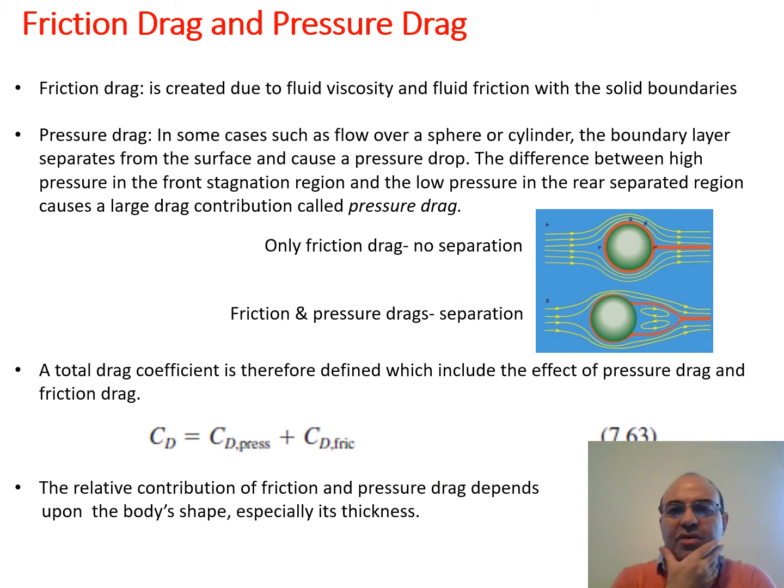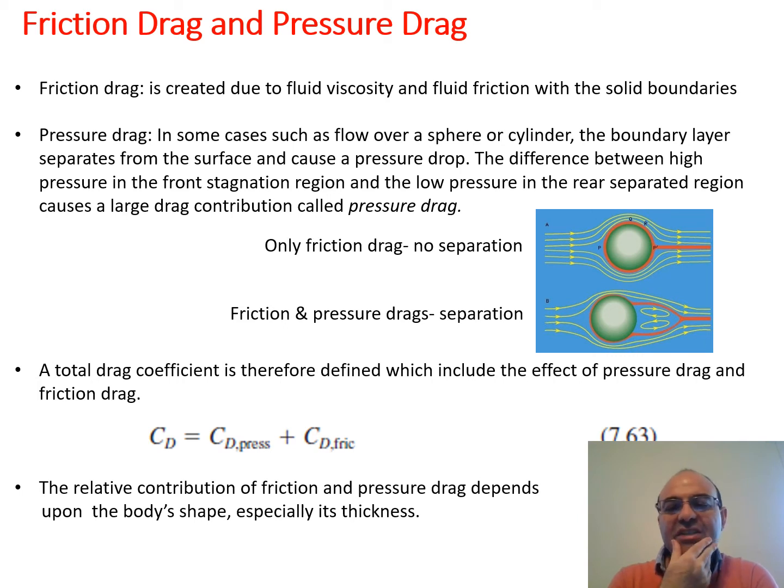Here we are going to introduce a new concept, the concept of pressure drag. Whatever we had so far for the flow over a flat plate, the drag that we talked about was because of friction, because of the viscosity of the flow adjacent to the flat plate.